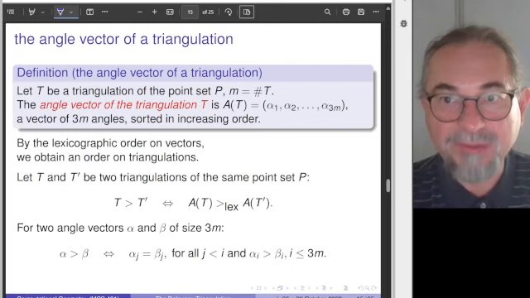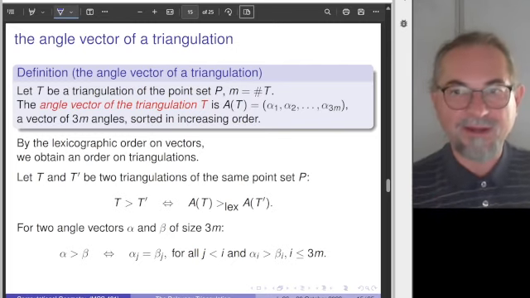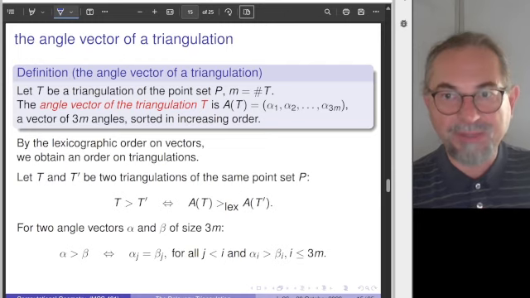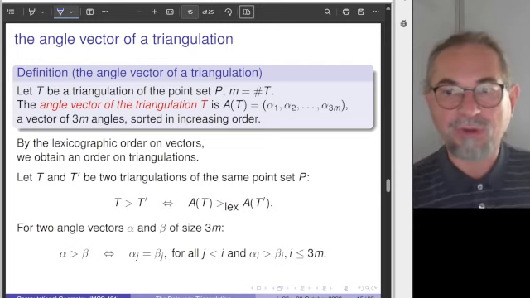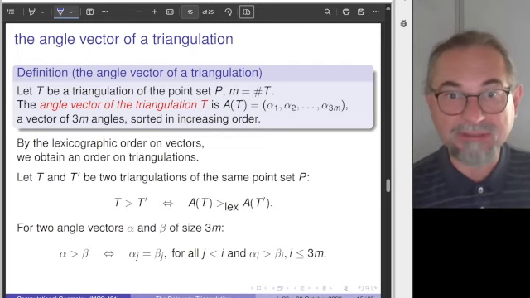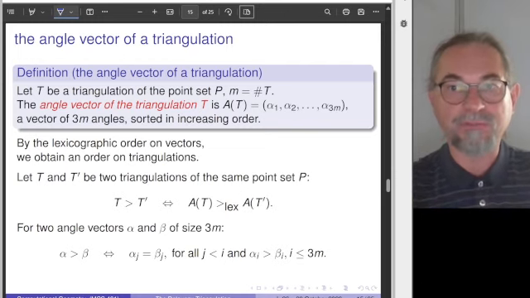It's important that we are able to compare 2 triangulations. So what we want to figure out is, what is actually the best triangulation? The best triangulation if we want to model a surface.